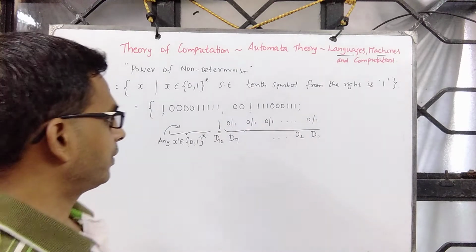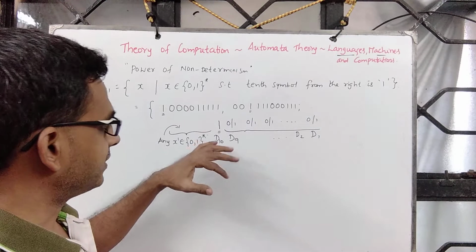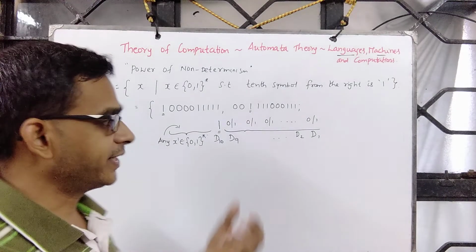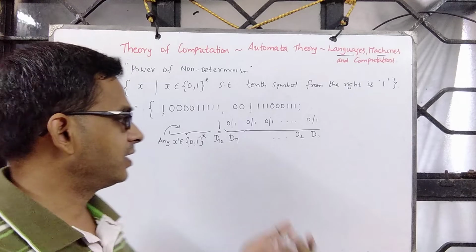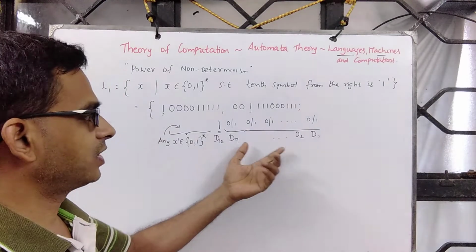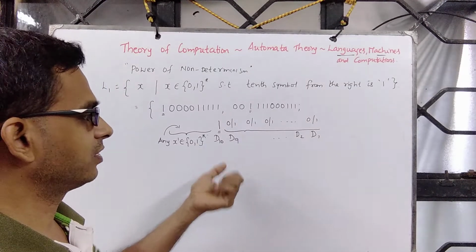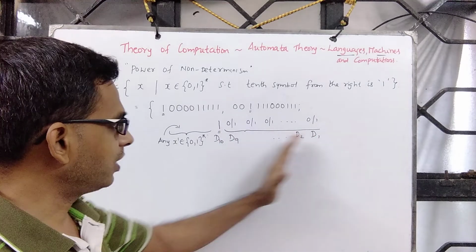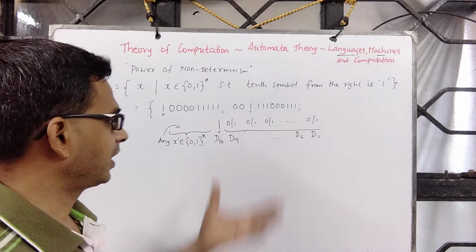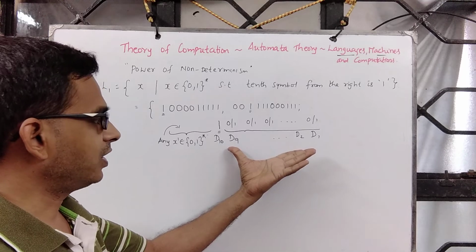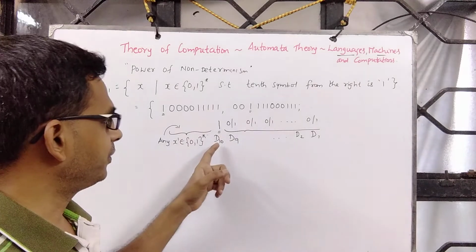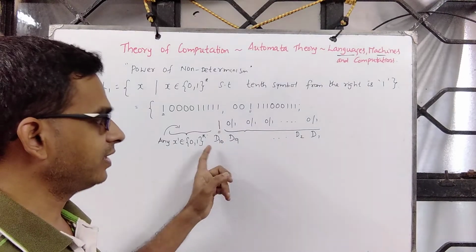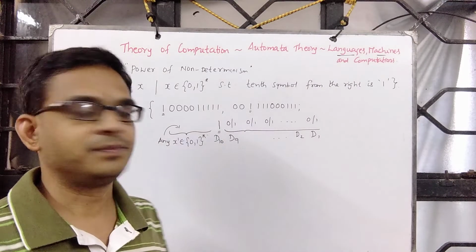So if you go for a deterministic machine, it will not explicitly tell you that this is the number of digits or this is the length of the string and so on, right? So somehow we should remember all of this information. Unless I remember all of this, I won't be able to say that the 10th digit from the right is 1.